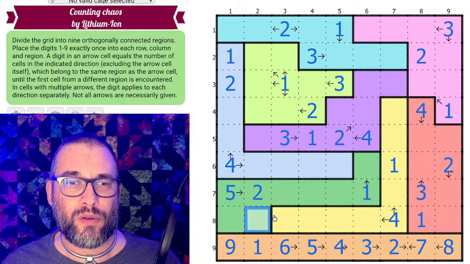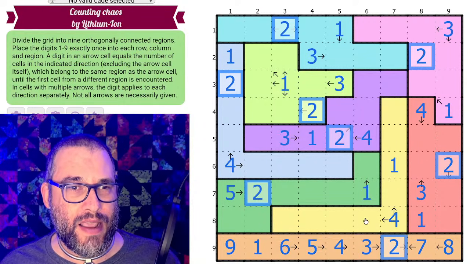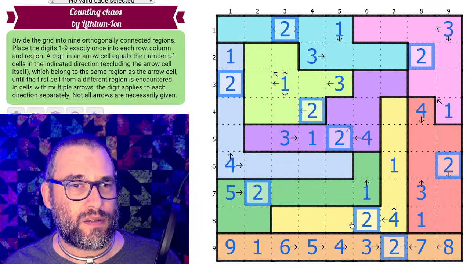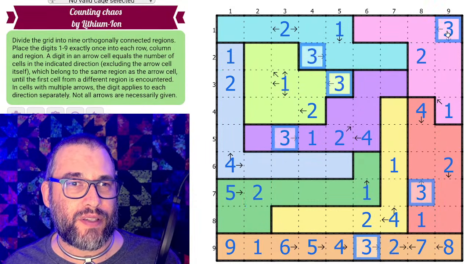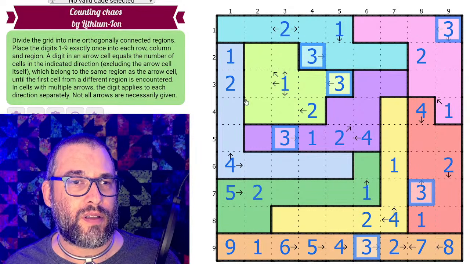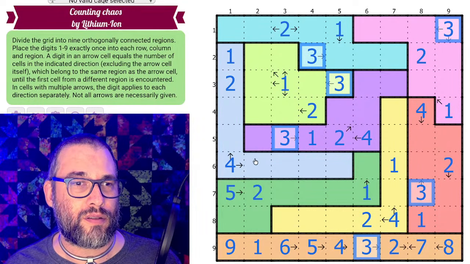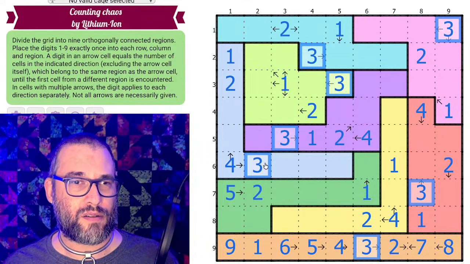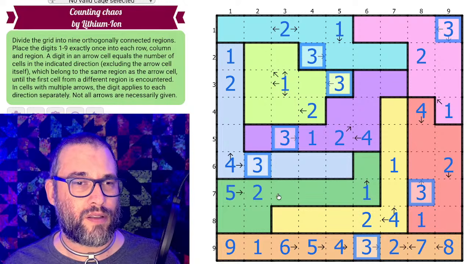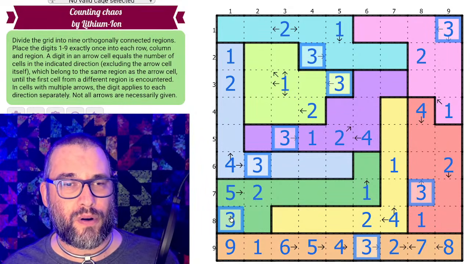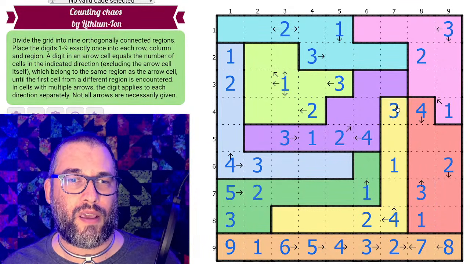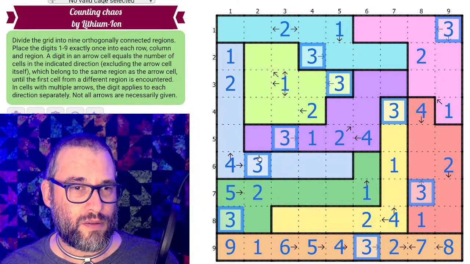And so 2 in row 8 is here. Okay, 3s. 3 here. 3 in green, now in the corner. 3 here. Okay.